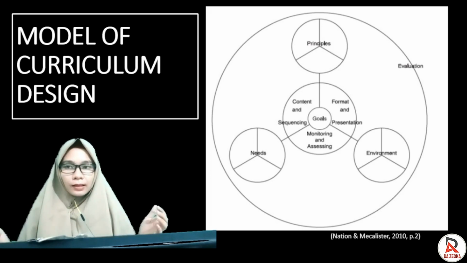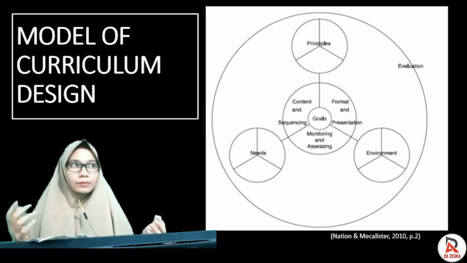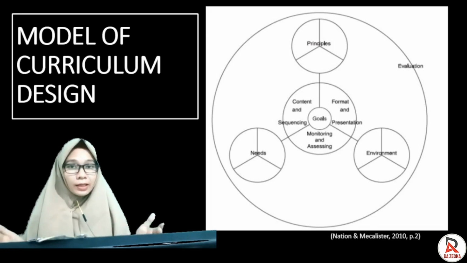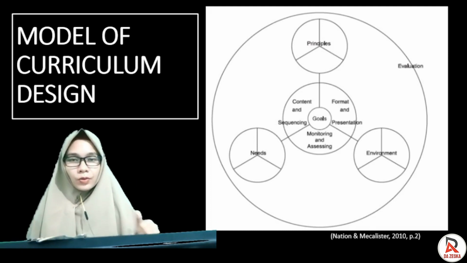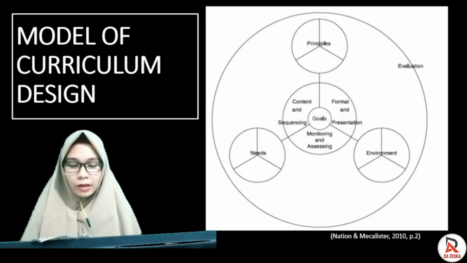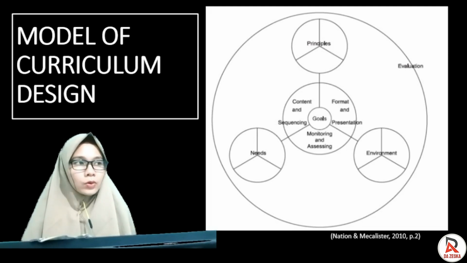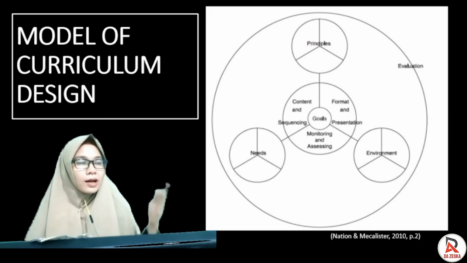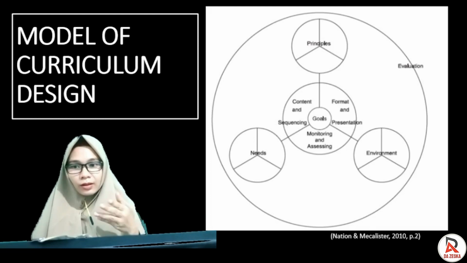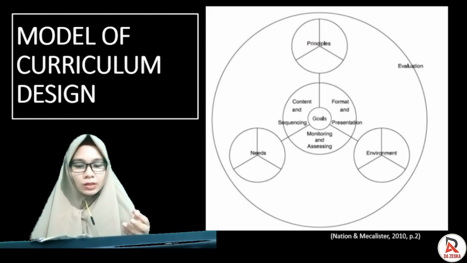Contents are materials or items for your teaching, or we can also say topics. So topics, materials, items: any one of the terms I mentioned is actually content.